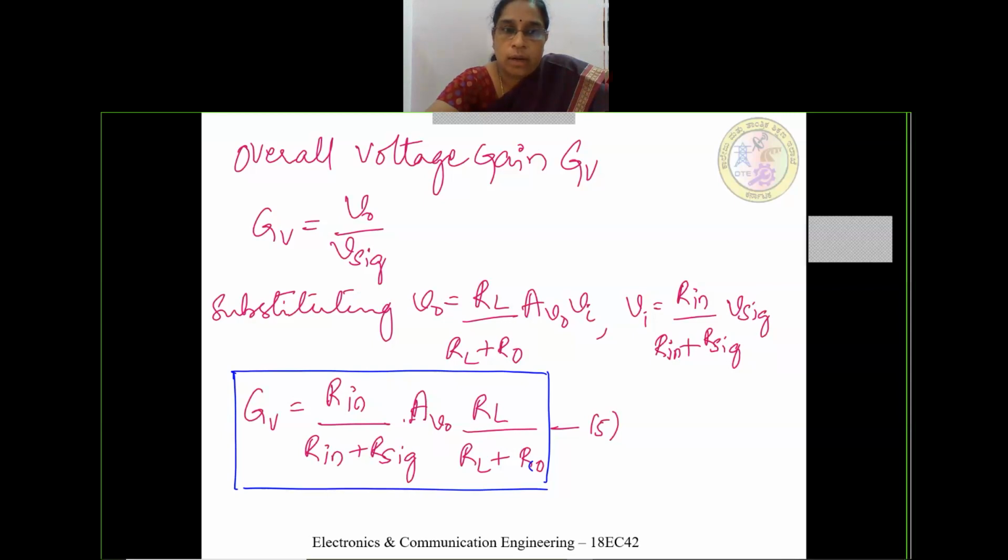So equation 5 gives the definition for the overall voltage gain of the amplifier block. Based on these definitions, in a given problem it's possible to calculate the simple voltage gain V naught by Vi, or we may also calculate the overall voltage gain GV.